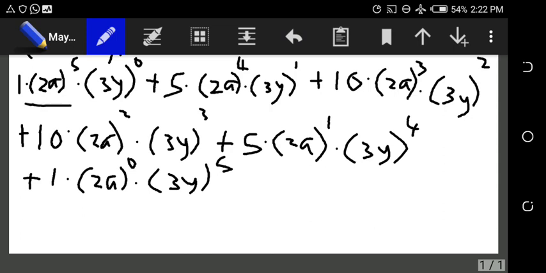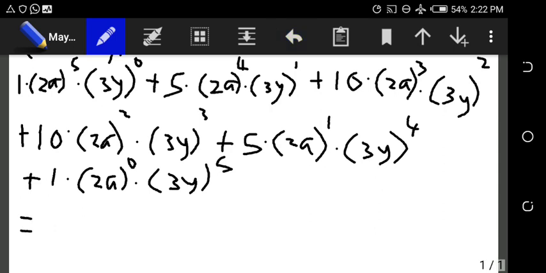So this here will give us 1 times 32 times 1, so 32a raised to power 5. All we have here will evaluate to 32a raised to power 5.